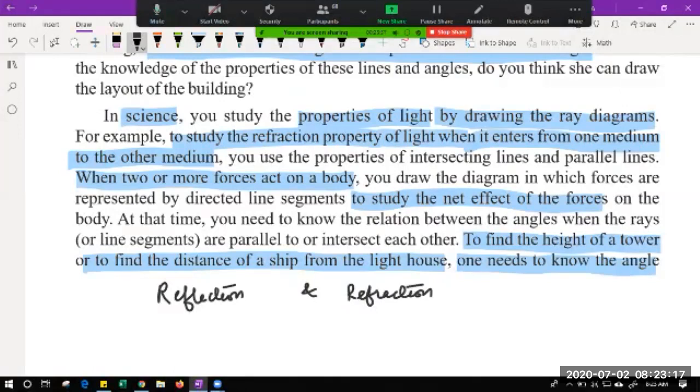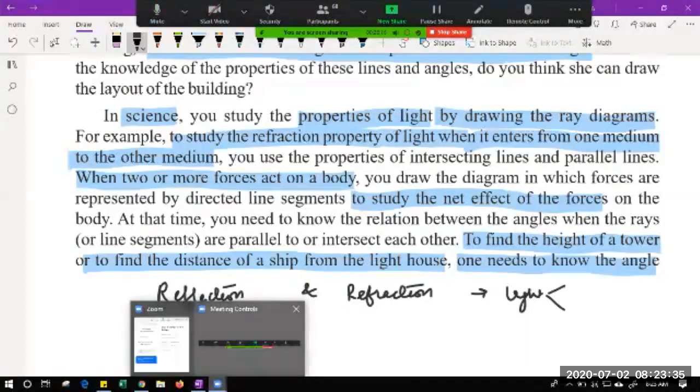I can't teach you science right now, but I can give you a little idea. Reflection and refraction both consider the two natures of light.